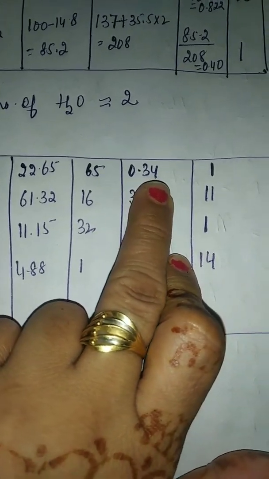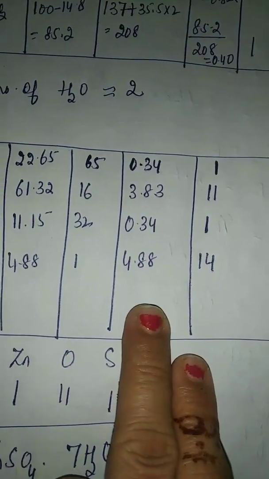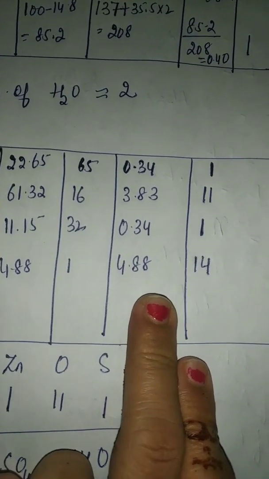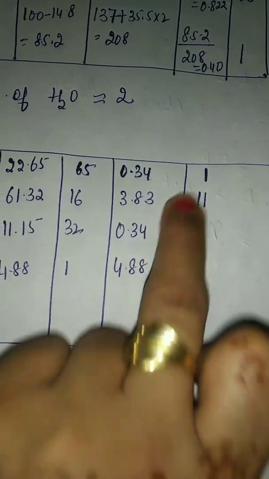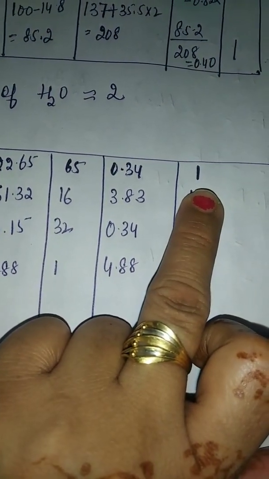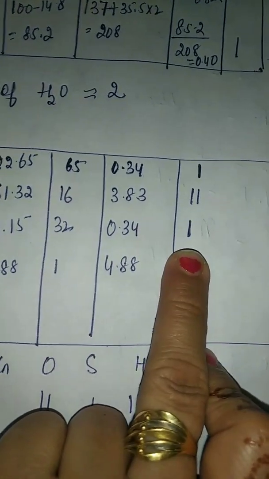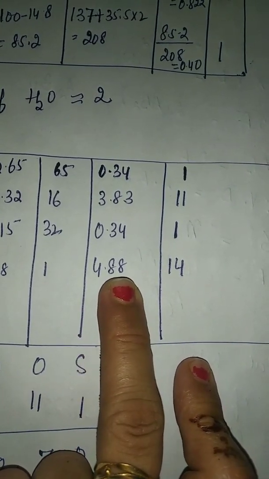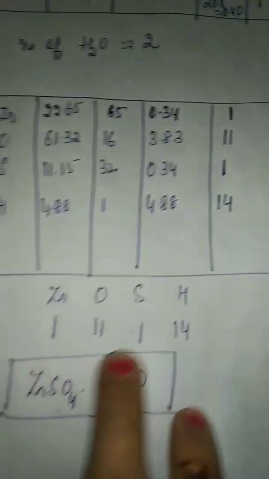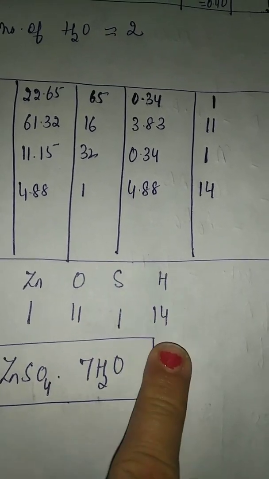After dividing we will get zinc 0.34, oxygen 3.83, sulfur 0.34 and hydrogen 4.88. Now take the simple ratio by dividing with the least digit, 0.34. In first case it will come out to be 1. Second, 3.83 divided by 0.34, 11. Third case also 1, sulfur. And in case of hydrogen, 4.88 divided by 0.34, that is 14. That means zinc 1, oxygen 11, sulfur 1 and hydrogen 14.